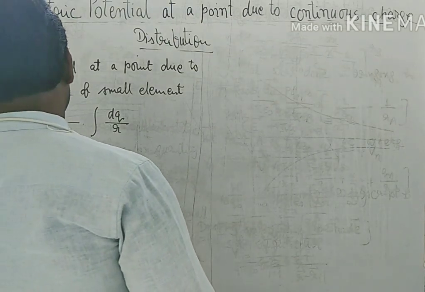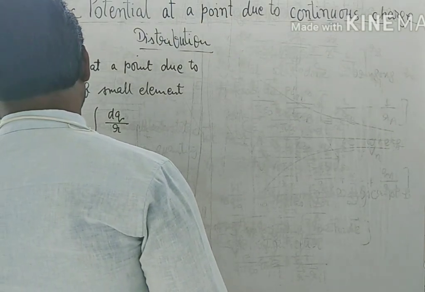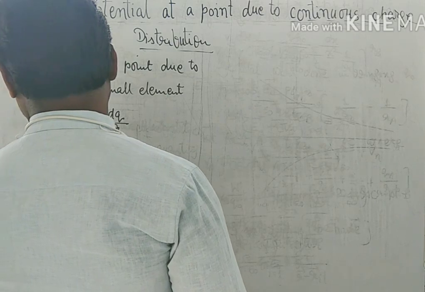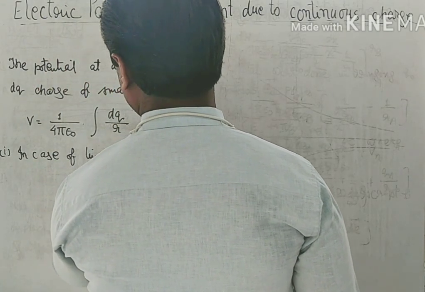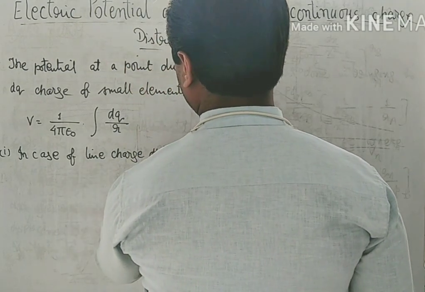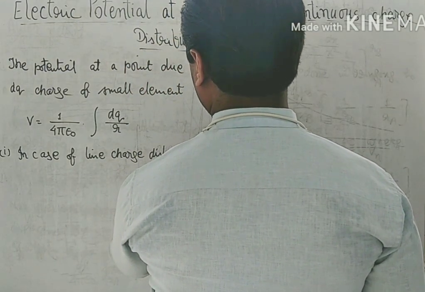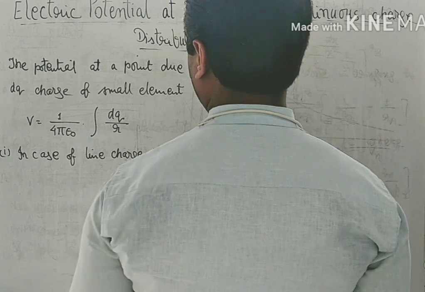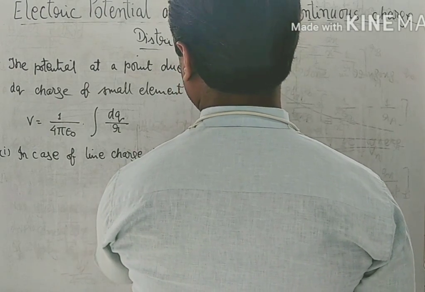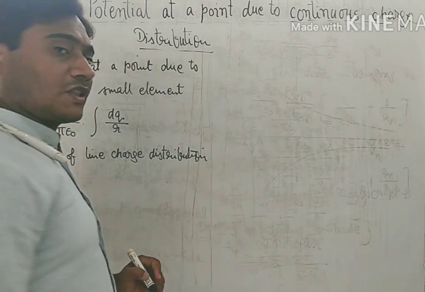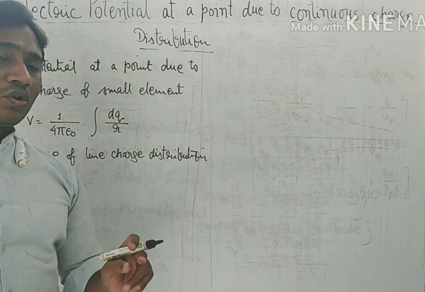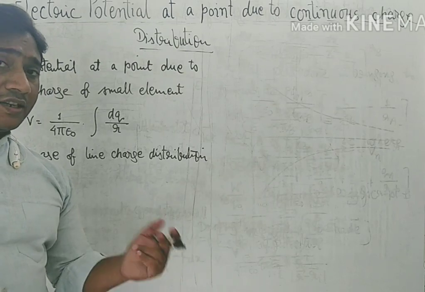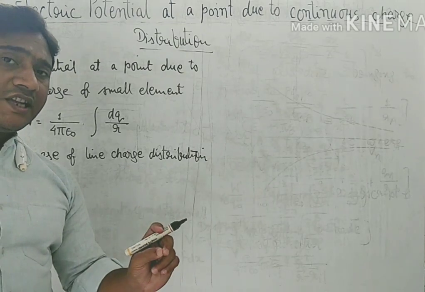So first, in case of line charge distribution having linear charge density lambda, lambda will be written as dq upon dl.